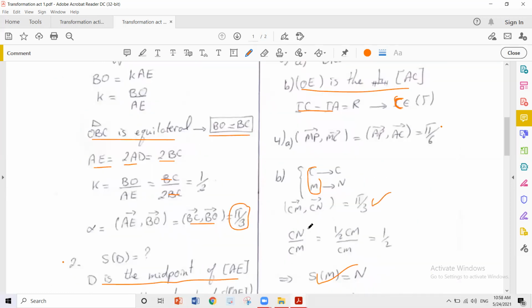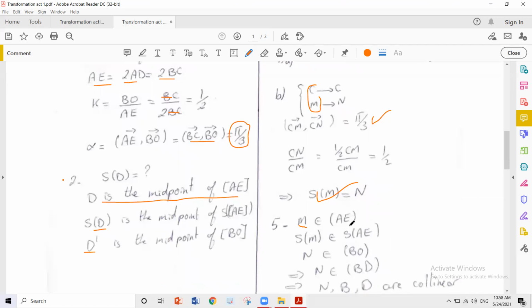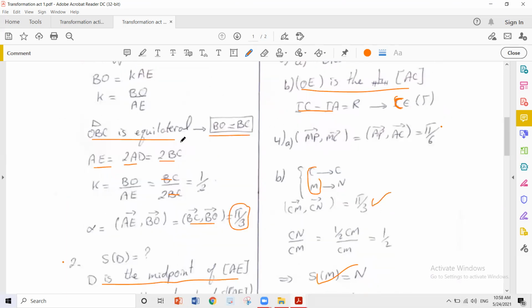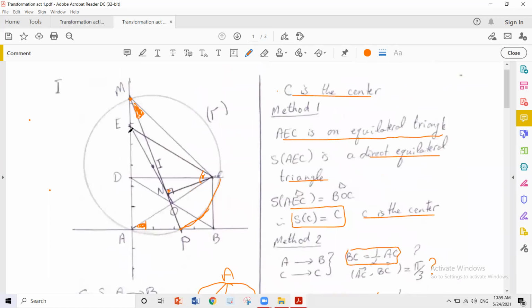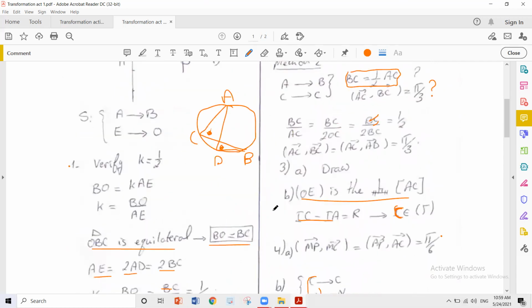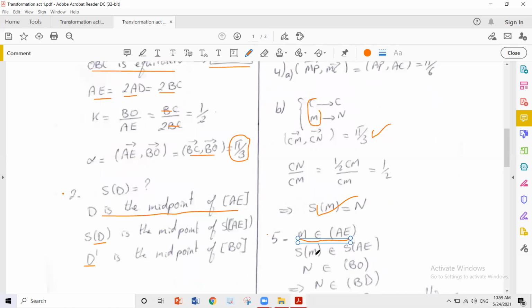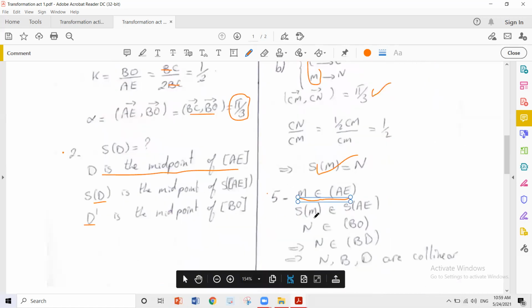We can say M belongs to AE. So S of M belongs to S of AE.